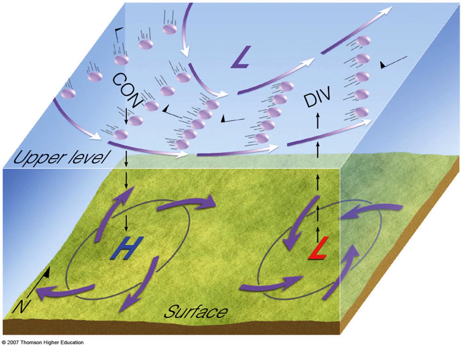And above the high, there needs to be more convergence aloft than divergence at the surface. In the northern hemisphere, winds blow clockwise and outward from the high. Of course, air sinks over the high.